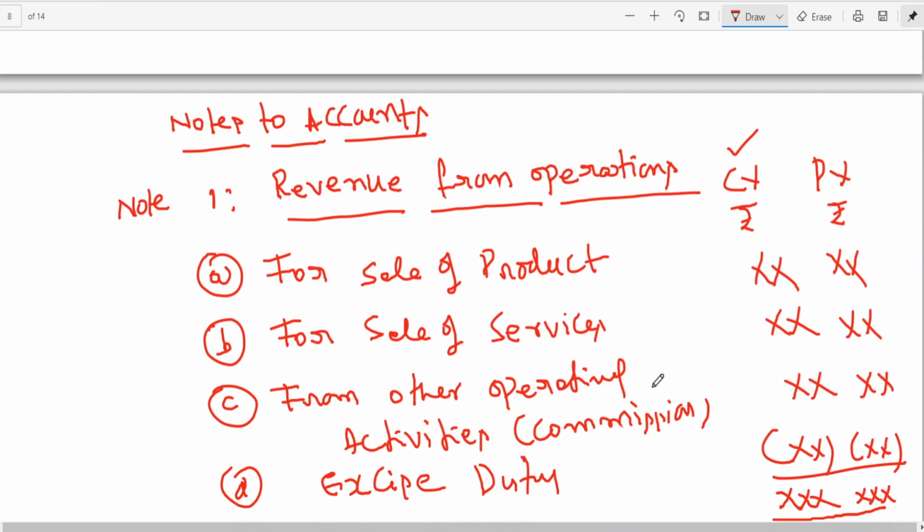Okay, with this, let me conclude for the day that today we have learned the format of statement of P&L. I've told you already about adjustments, you need not worry, whatever adjustments we have learned, that holds good in your normal final accounts. Very rarely you'll have more adjustments, but generally the problem will be simple.